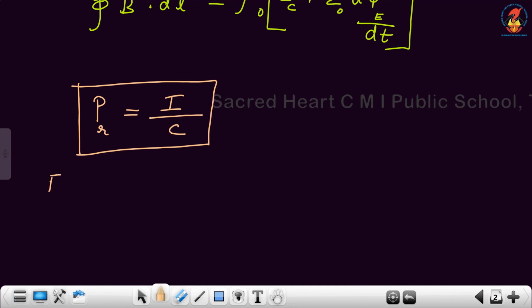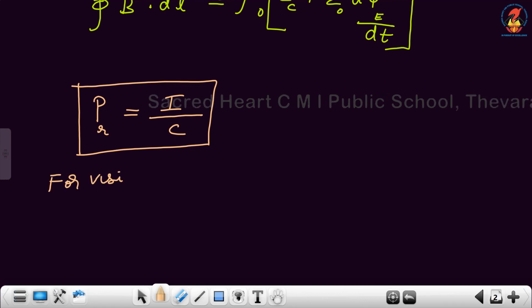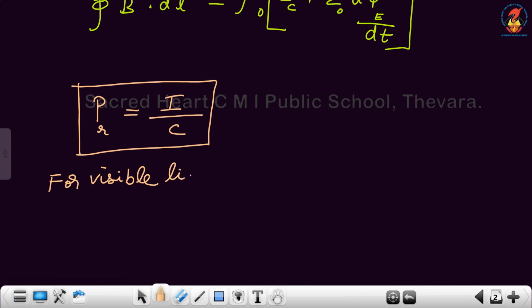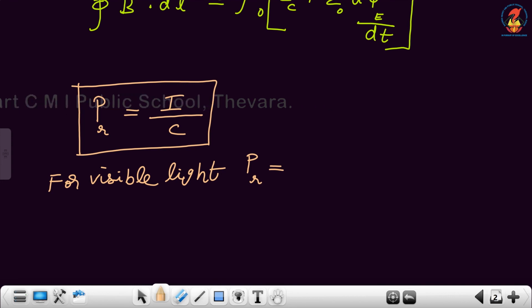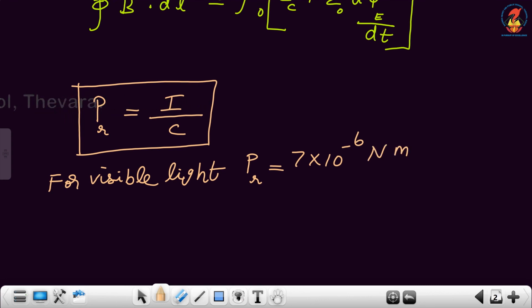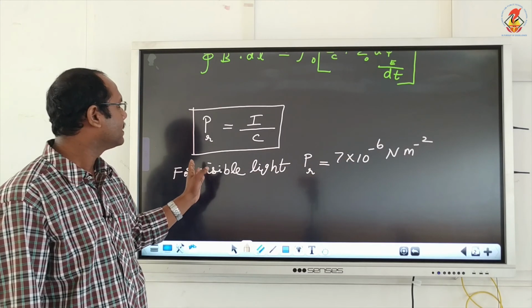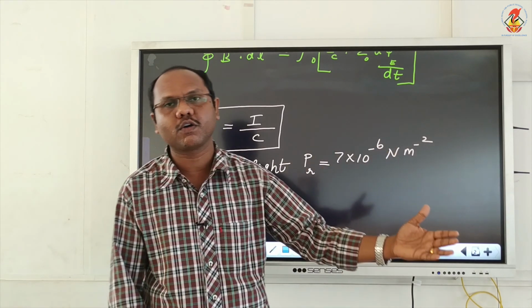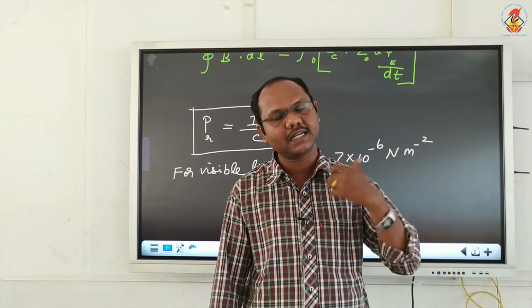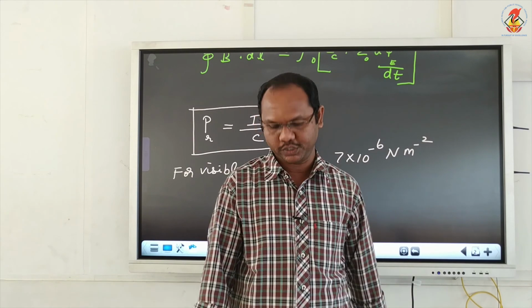And for visible light, the radiation pressure is 7 into 10 raised to minus 6 Newton per meter square. For different electromagnetic waves like X-rays, gamma rays, etc., the radiation pressure will be different.